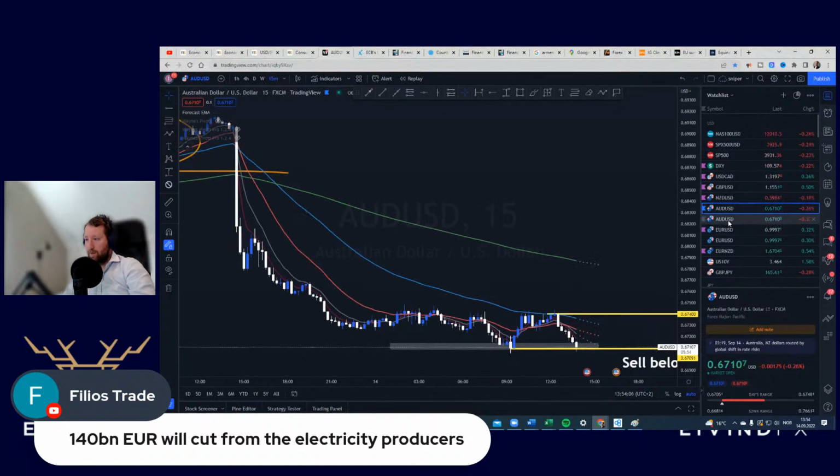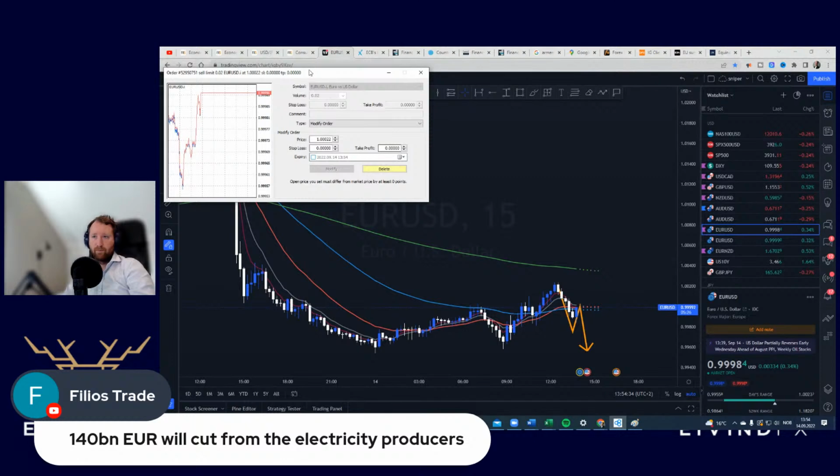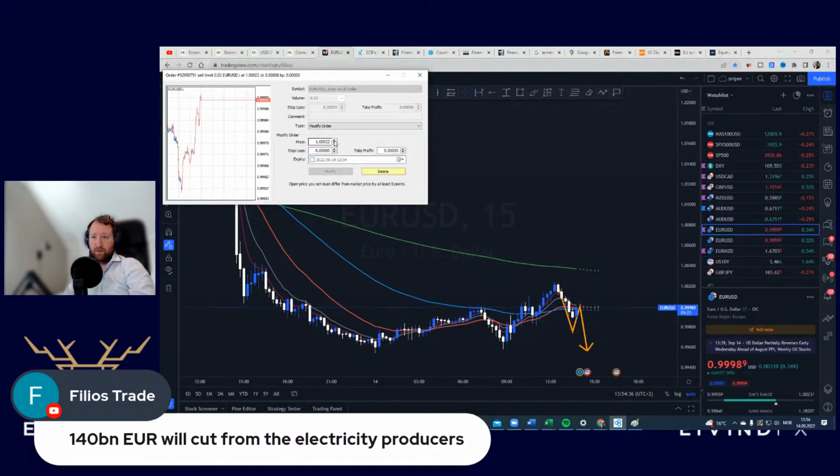But yeah, I don't care about what else, I'm going to knock myself out of a Euro trade there. Should I have it higher? Selling one flat. Modify to one flat. It's just a 0.02 trade anyway, don't worry. I'm not going to break the bank on it. Stop loss.